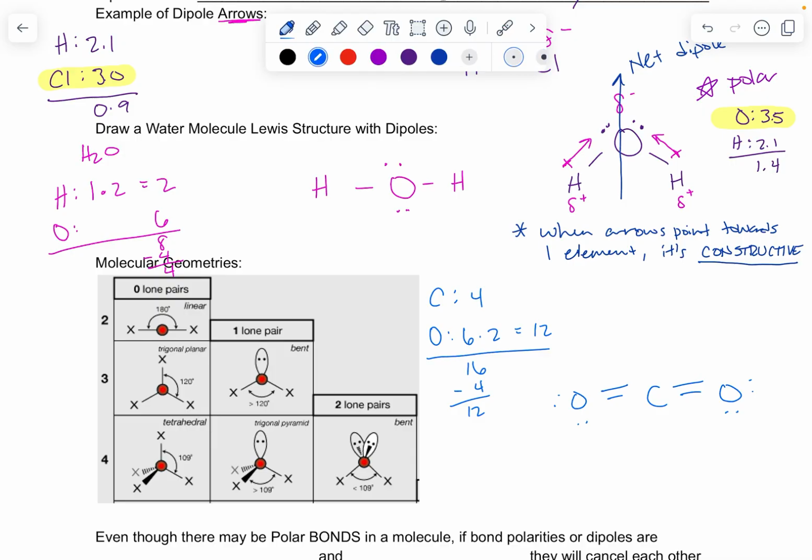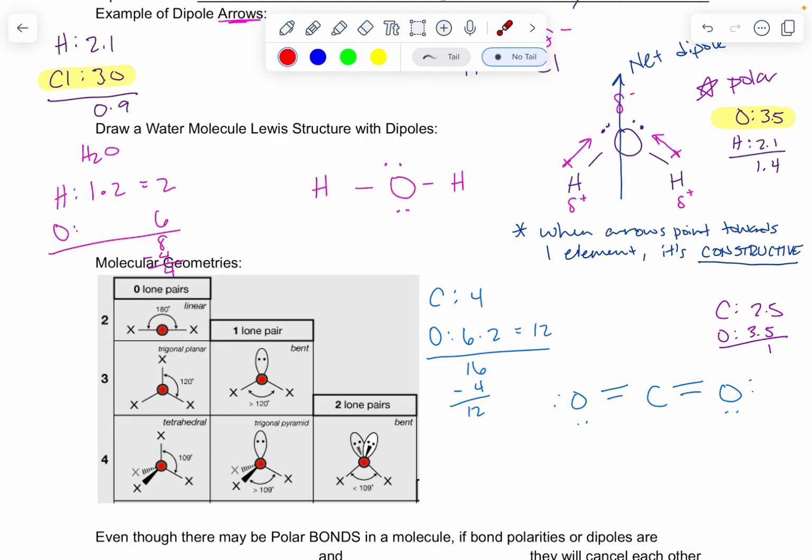Now let's go ahead and talk about whether or not this is a polar bond. All right, so let's look at our electronegativity differences. Carbon has an electronegativity of 2.5. Oxygen is 3.5, the difference of 1. So all that's saying is that these bonds between an oxygen and a carbon are indeed polar.